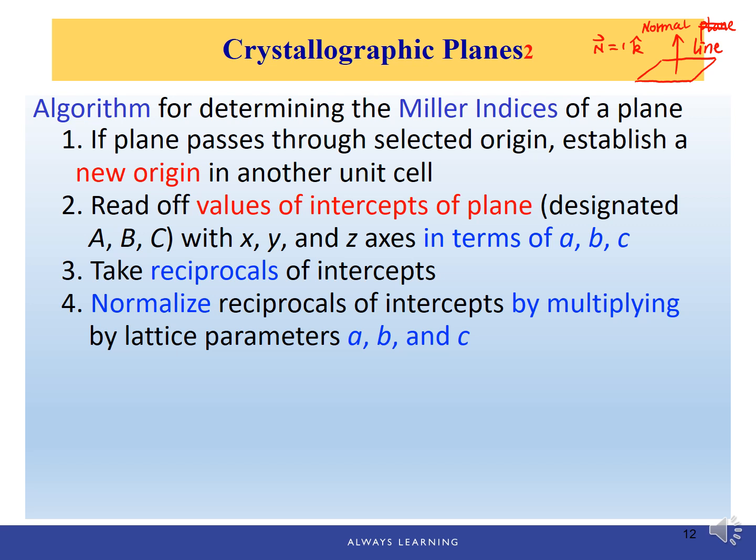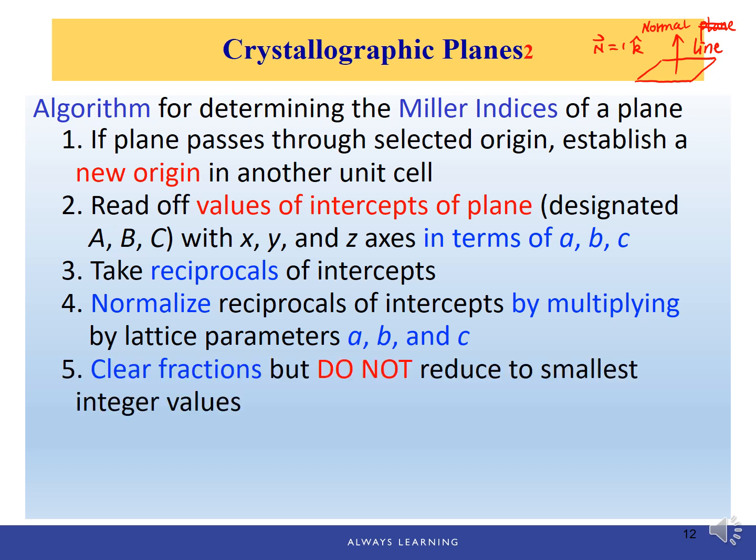So this step is similar to the step we're looking for the directions. Number 5, keep in mind that for crystallographic planes, we just need to clear the fractions, but do not reduce to smallest integer values.